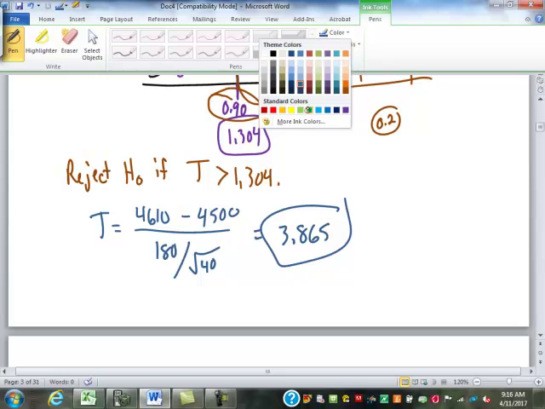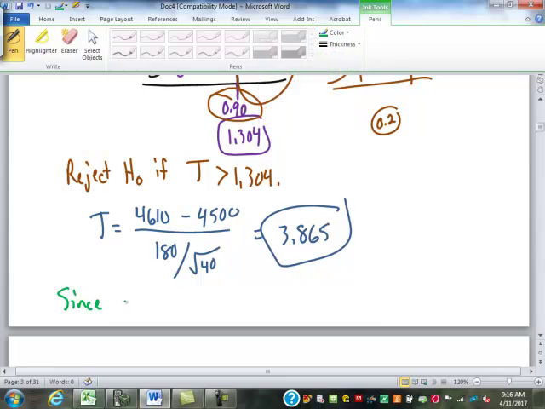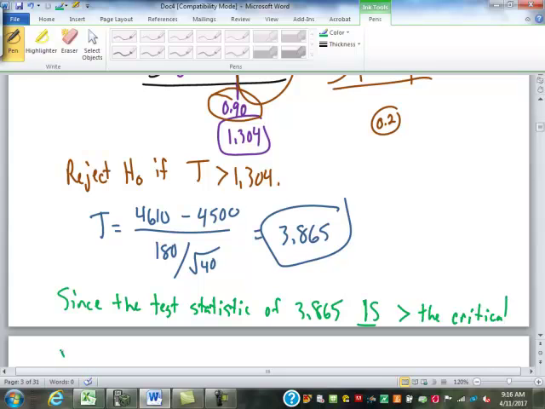That's our test statistic. So since the test statistic of 3.865 is greater than the critical value of 1.304, we will reject H0.